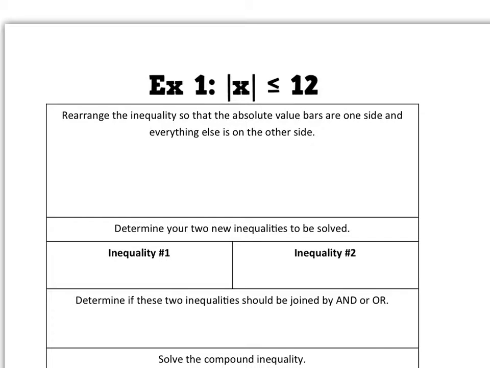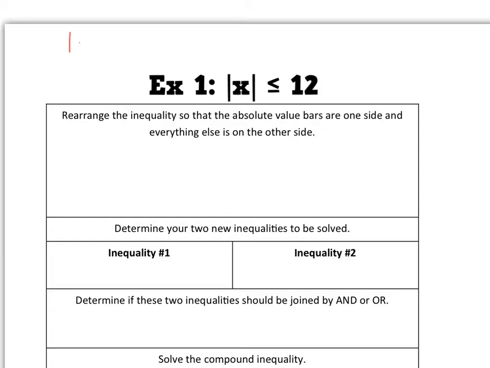Now we're going to move on from absolute value equations to absolute value inequalities. What we have to keep in mind is that when we have an inequality, we need to decide whether the two inequalities will be combined with an "and" or an "or."